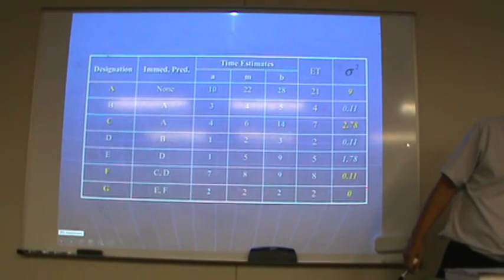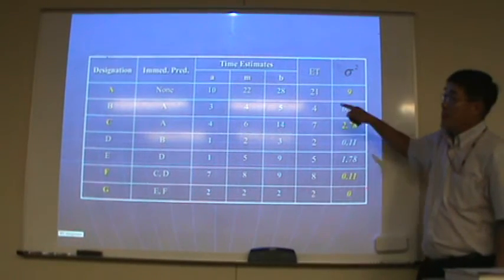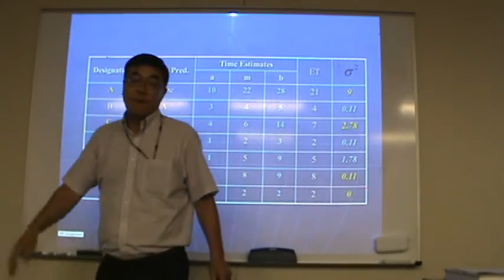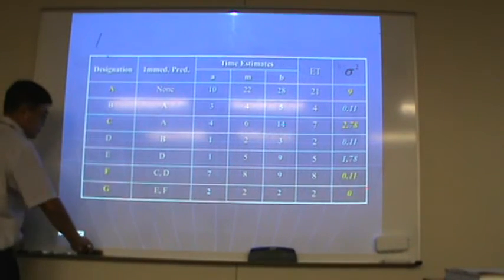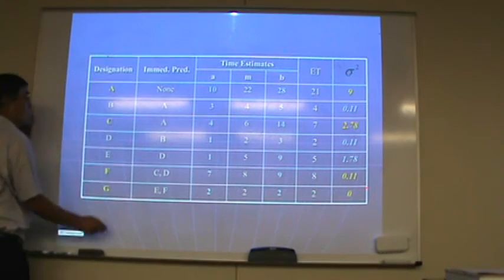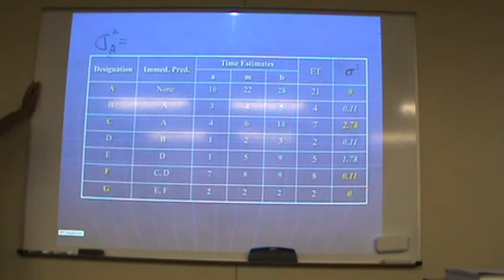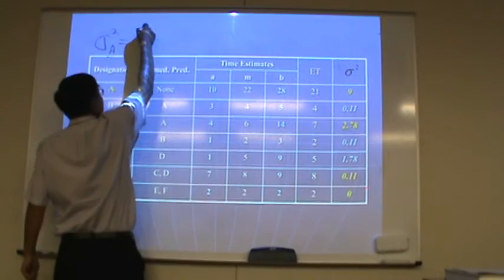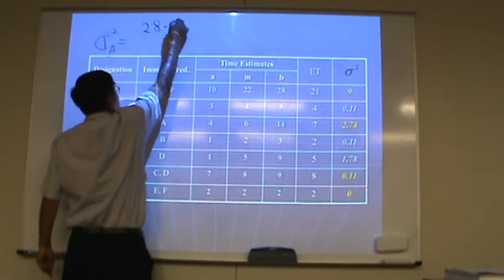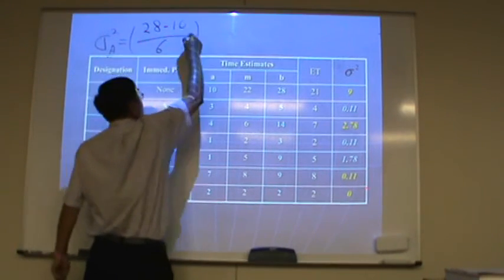Go back to the chart. The variance for activity A equals B minus A, where B is 28 and A is 10, divided by 6, squared.